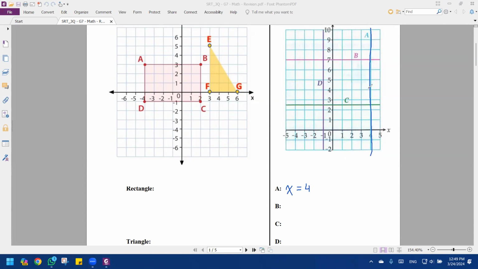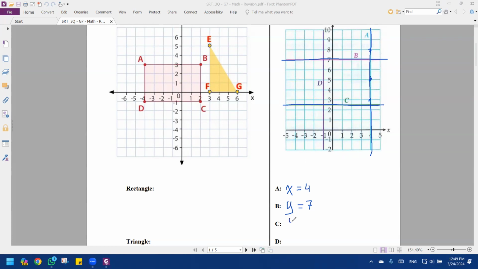So I will get that line. X equal to 4, we will get that line because any point of that line, the x value of it is 4. Then we check for B. B is a horizontal line. So it cuts the y-axis at 7. So y is equal to 7. Now the line C. Again, it cuts the y-axis between 2 and 3, which means 2.5.